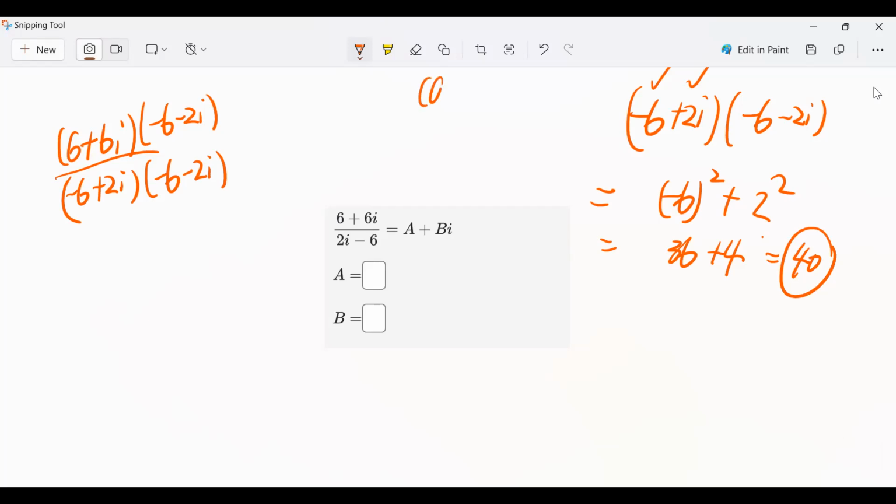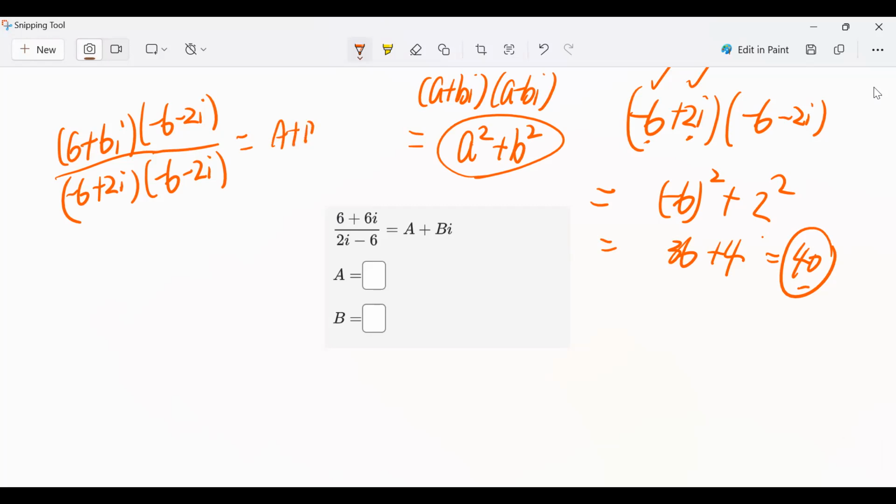Because for a plus bi times a minus bi, we did the expansion. Notice that it's going to be equal to a squared plus b squared. So that's why this is a, that is b, and that's what we have here. So we get 40 on the bottom.